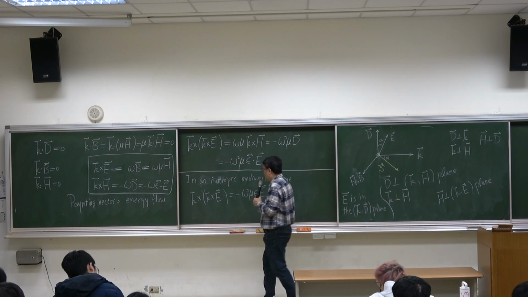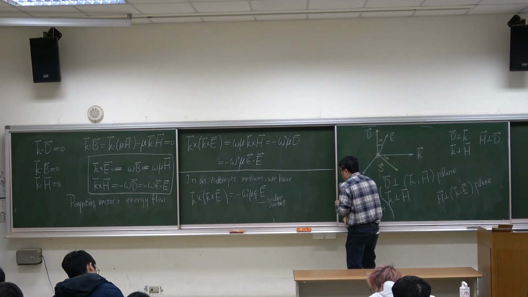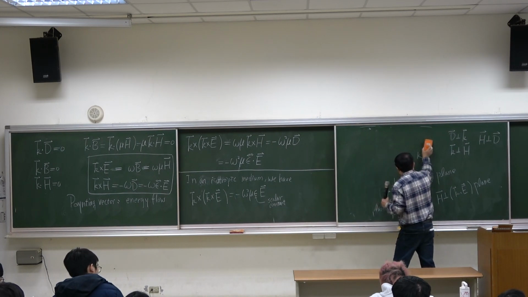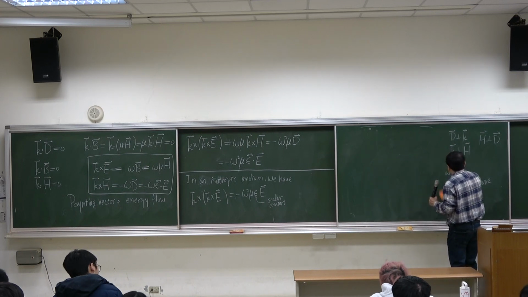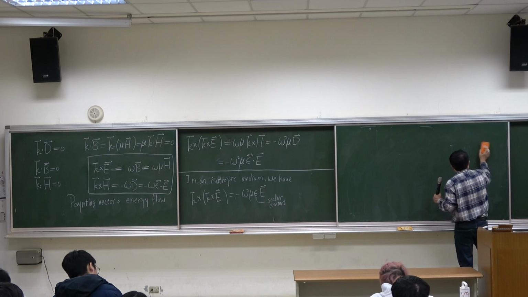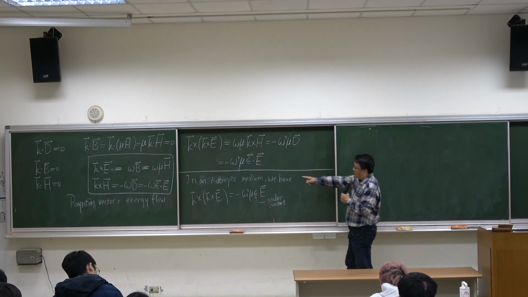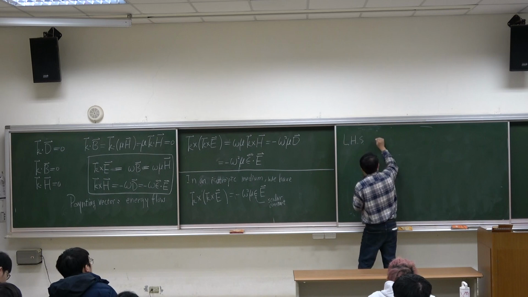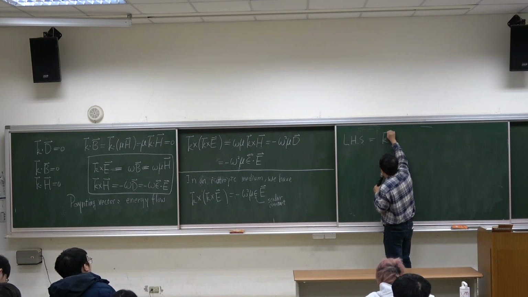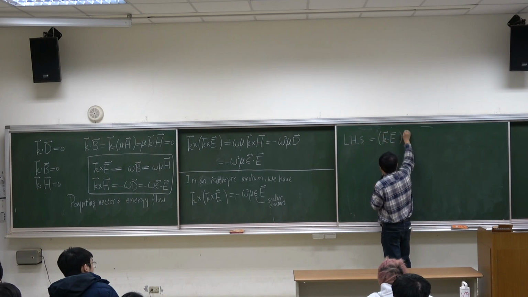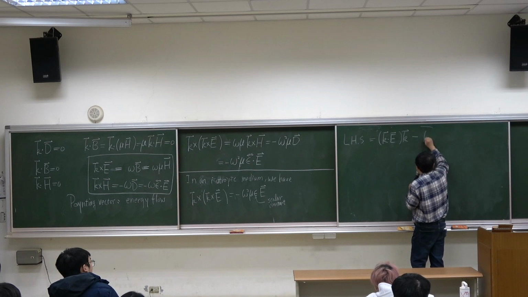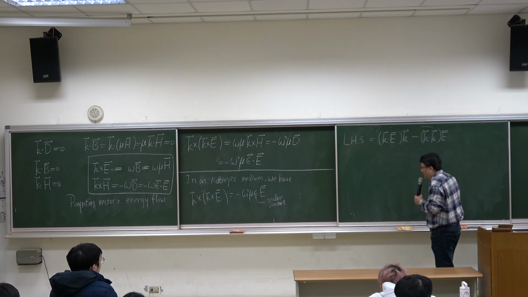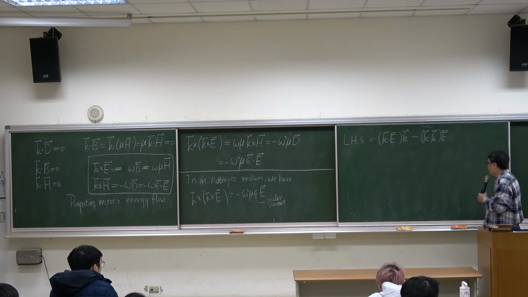Okay, so in this situation, the left-hand side, we find the result is K dot E times K minus K dot K times E. According to vector analysis, we have this formula.